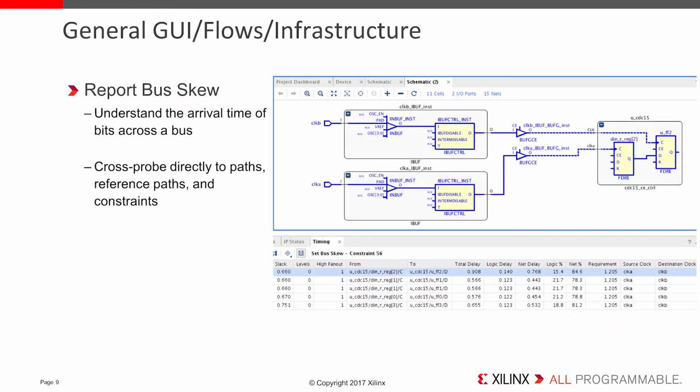New support has been added for report bus skew constraints under the Timing Report section of the Tools menu within the GUI. This feature allows better analysis of these constraints and enables direct cross-probing to paths, reference paths, or constraints.